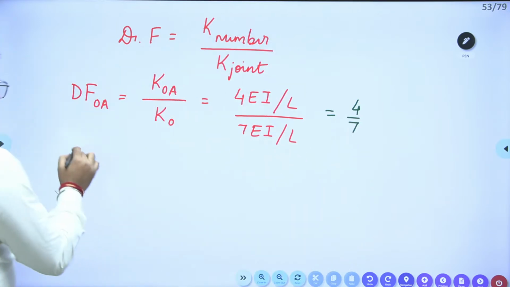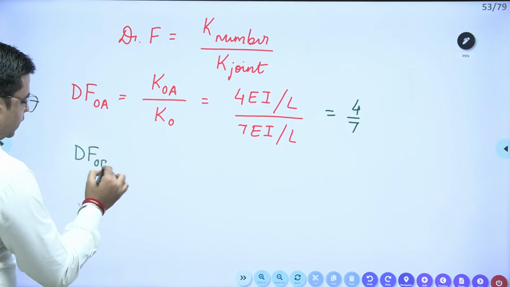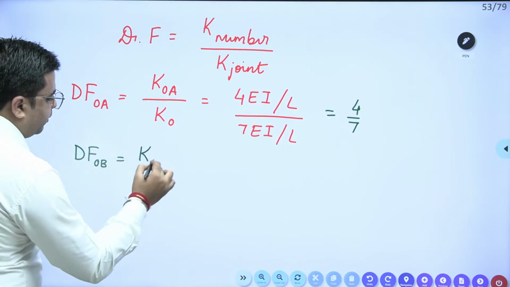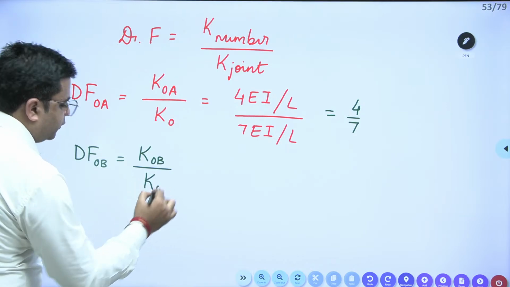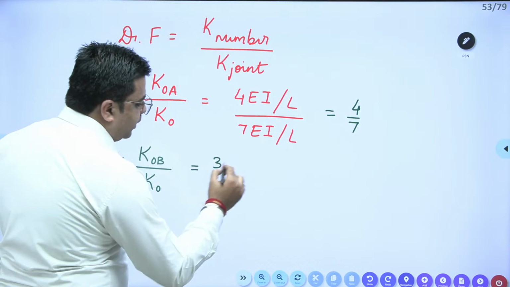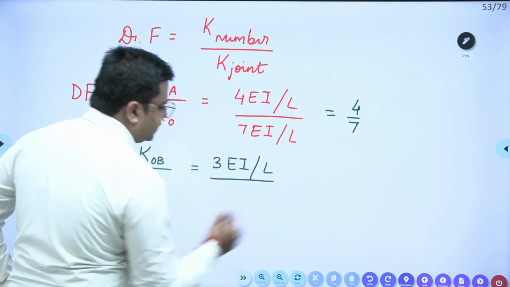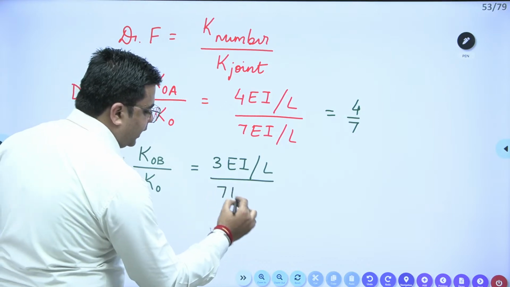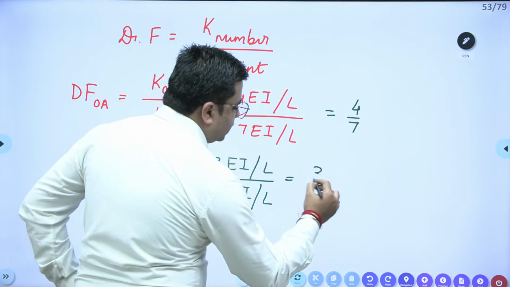Similarly, the distribution factor for member OB is equal to the stiffness of member OB divided by the stiffness of joint O. The stiffness of member OB is 3 EI by L, divided by the stiffness of joint O, which is 7 EI by L. That comes out to be 3 by 7.